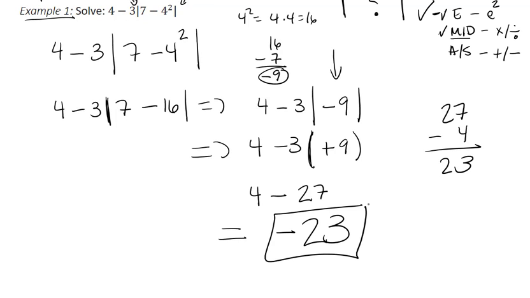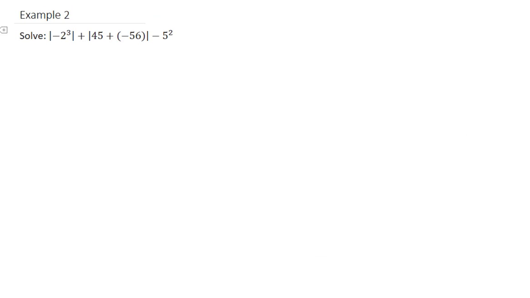Now let's do another example. Example 2. Here we have 2 absolute value signs in this problem. Here and here. And we deal with them like on the parentheses step. So we need to first look inside each parentheses individually and work through the order of operations.